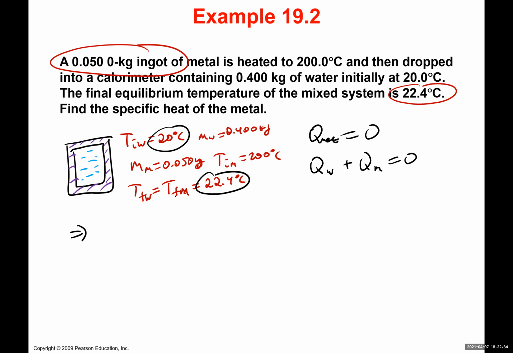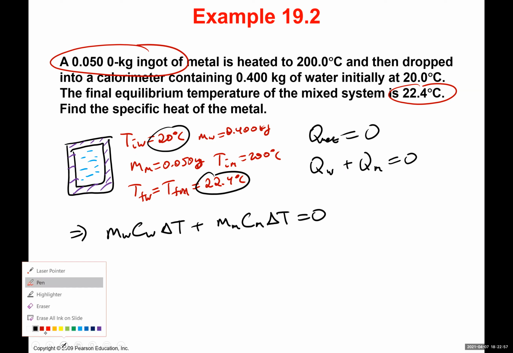I can clearly see there is no change in phase. That means that equation involves mass of water, specific heat of water, times delta T, at more or less room temperature. So no change in phase. Then plus mass of metal, specific heat of metal, times delta T, and this equals 0.